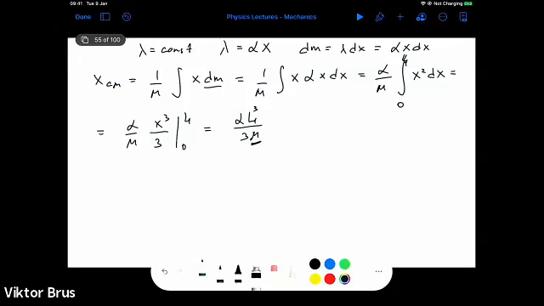And here we again need to integrate because we cannot just have a product of lambda and L, because lambda is not constant anymore.